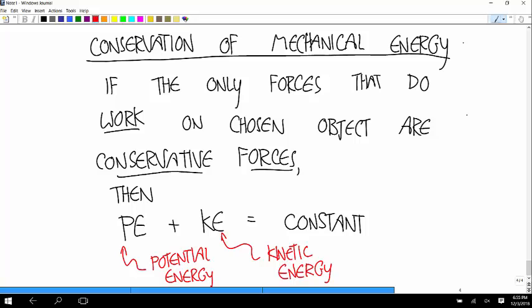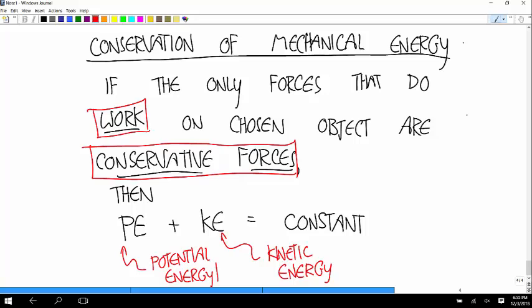And in order to do this, we have to know what work is, what the definition of conservative forces is, and what potential and kinetic energy are. So the setup for this is defining those four things.